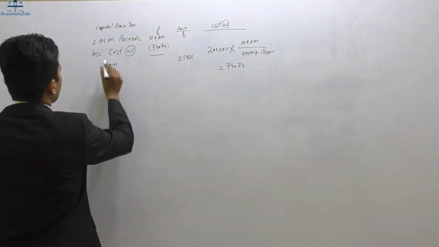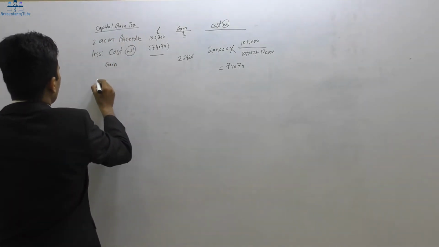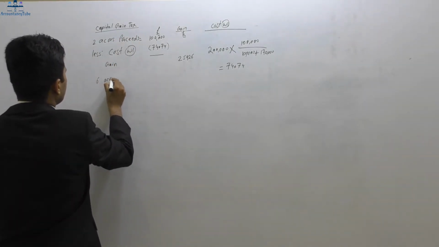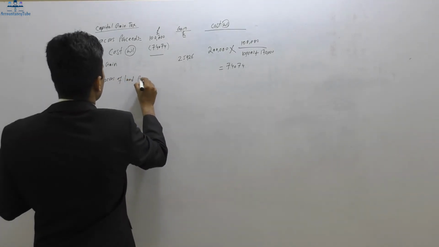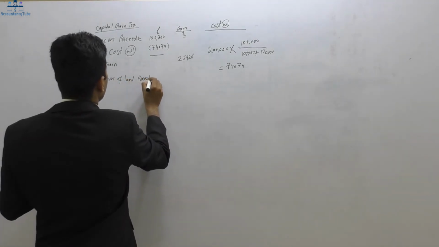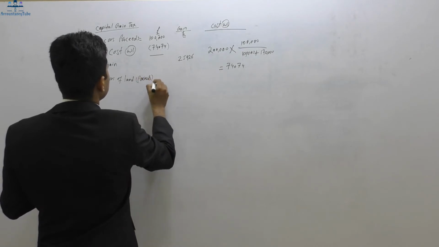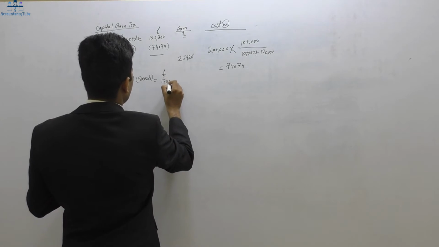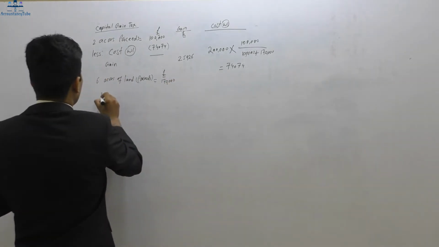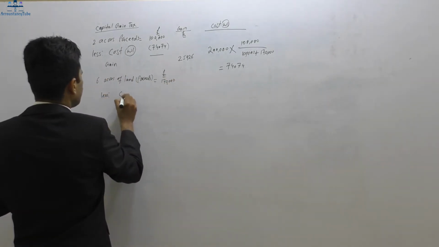So 6 acres of land. If we take the proceeds, that is £170,000. Of course, we'll have to deduct the cost out of that.